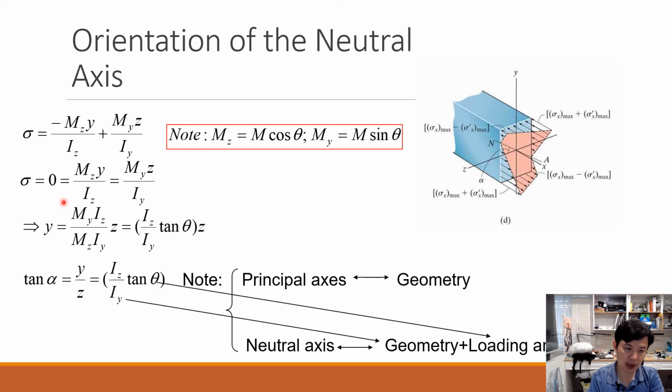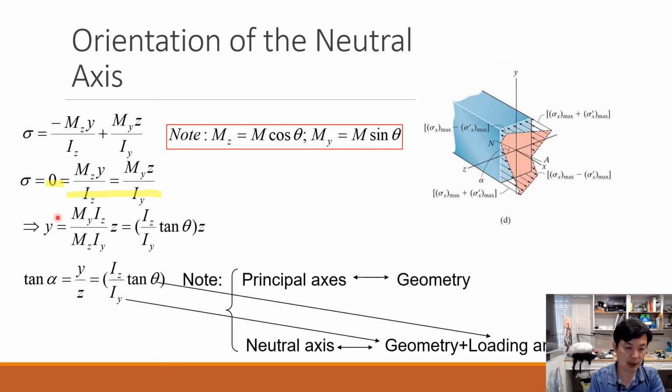It's quite easy, because when the stress equals 0, that is the location of your neutral axis. So we set sigma equal to 0 in this equation, then we know that this term should be equal to the other term. This is the equation we have, okay? Based on the neutral axis definition, sigma should be 0.